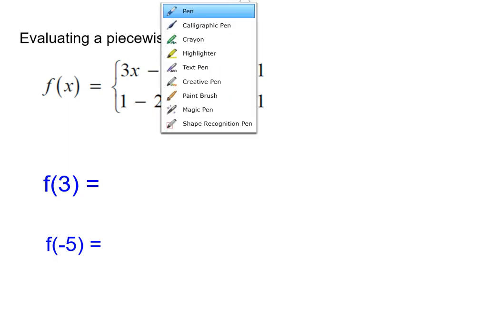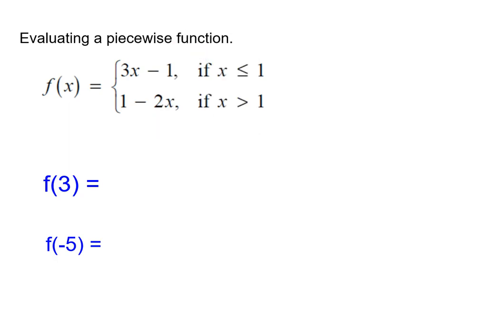We have two equations here. We have 3x minus 1 when your x values are less than or equal to 1. And then we have 1 minus 2x when your x values are greater than 1. So if I want to find f of 3, then I see that my x has a value of 3.